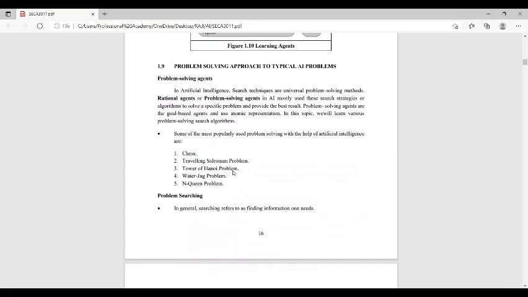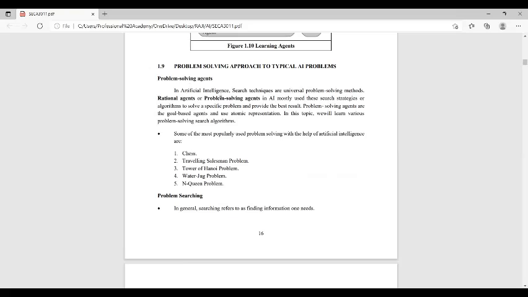The next topic is the problem solving approach to typical AI problems. That is, what approaches are used to solve AI problems, which are called problem solving approaches. They are using rational agents or problem solving agents in AI.